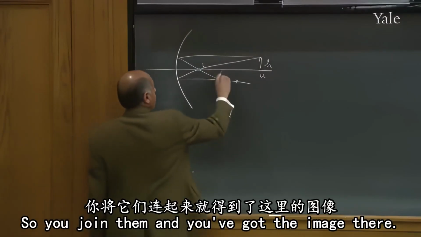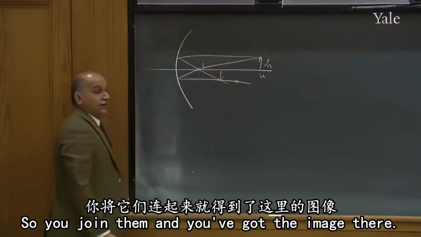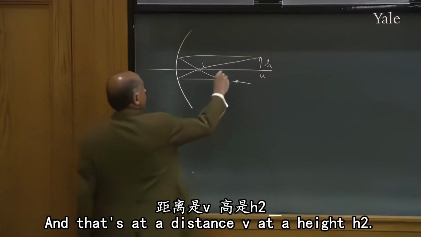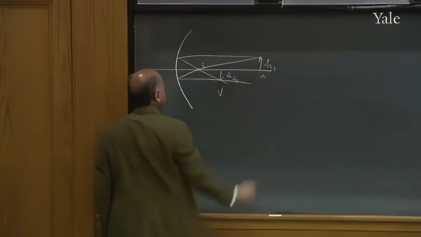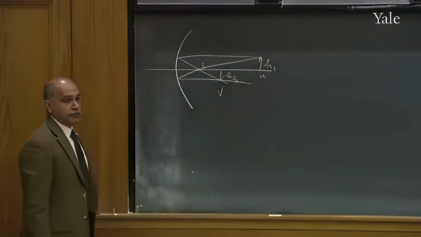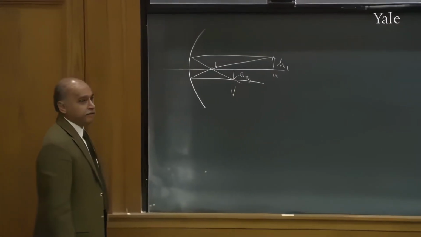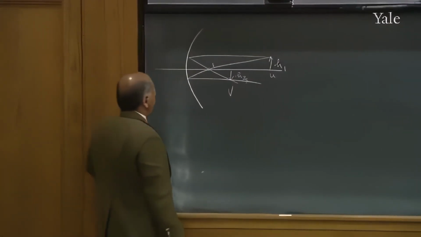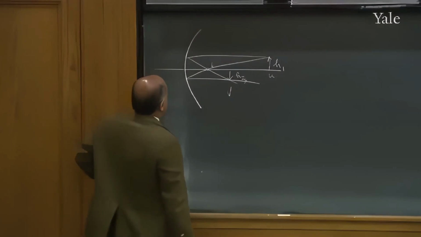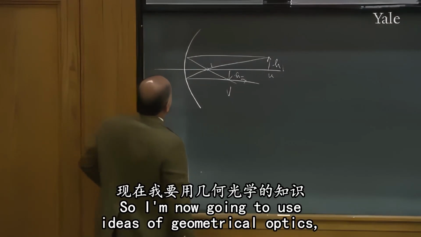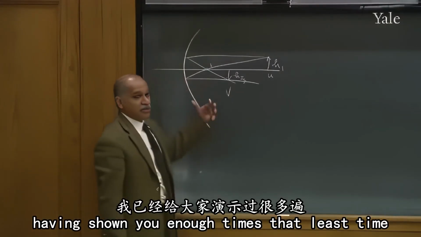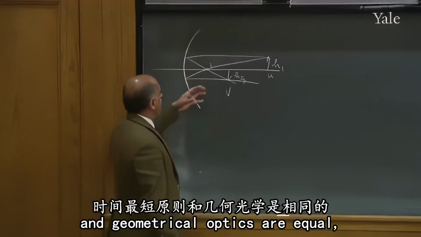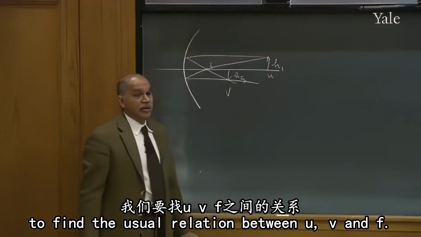So you join them, and you get the image there, at a distance v and a height h2. I'm now going to use ideas of geometrical optics, having shown you enough times that least time and geometrical optics are equal, to find the usual relation between u, v, and f.